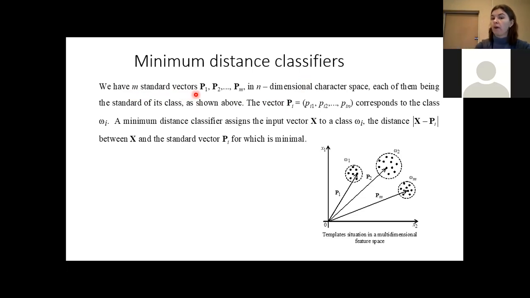So we try to describe our class by a standard vector. We have an n-dimensional feature space, each vector being the standard of its class, and this vector corresponds to the i-th class. The minimal distance classifier assigns the input vector x to the class i when the distance between this object and the standard vector is minimal.